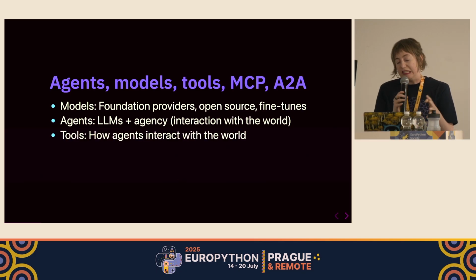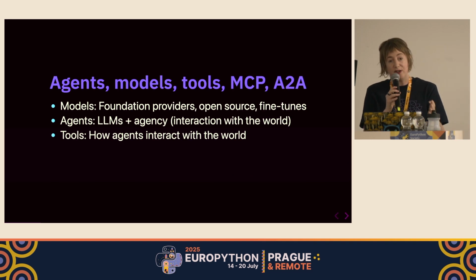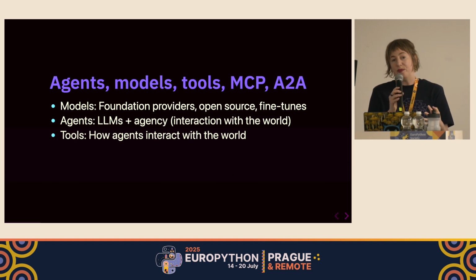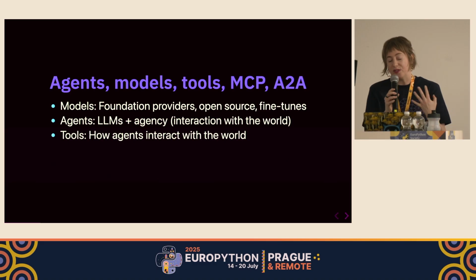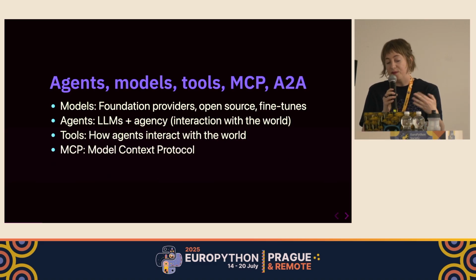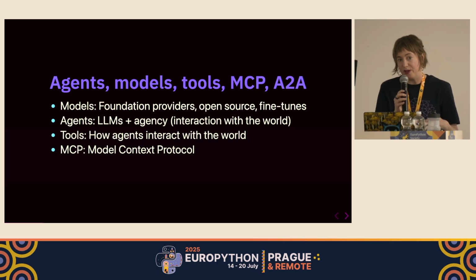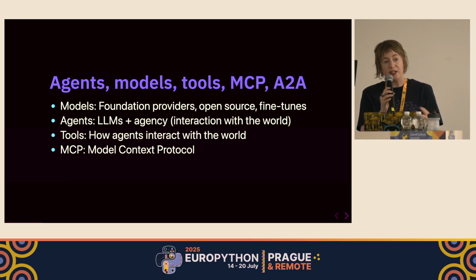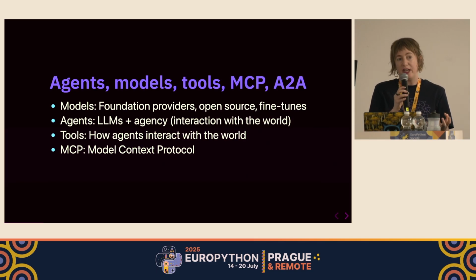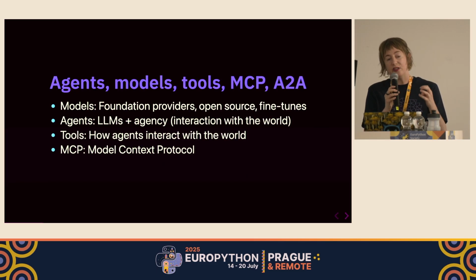Tools are basically functions you can call, and they're how agents interact with the world. There's a bunch of them being spun up in this MCP world, but you can also spin your own up as you need to. MCP, Model Context Protocol, is a new protocol released fairly recently, last year, by Anthropic, and it is essentially a standardized way for models to access these tools, these function calls.